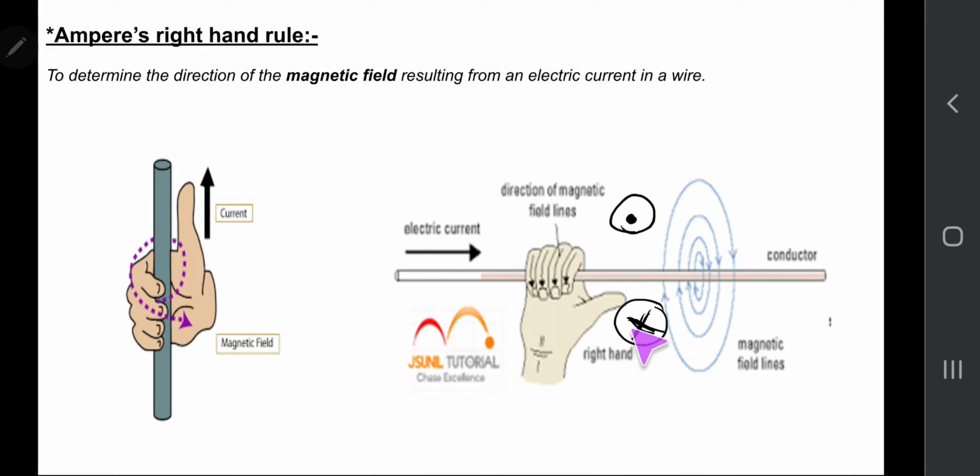So this is out of the page, and this is into the page. In this case, the magnetic field comes in this direction, rotates in this direction, comes out from here, out of the page, and goes into the page in this direction.